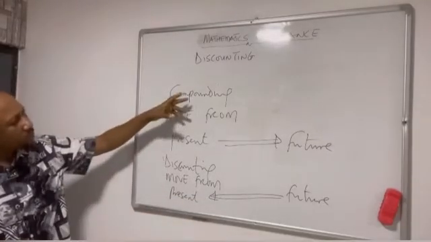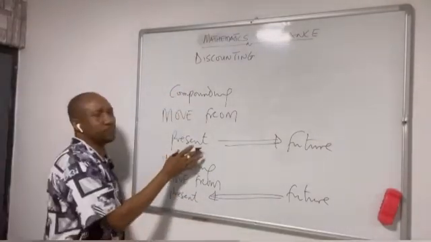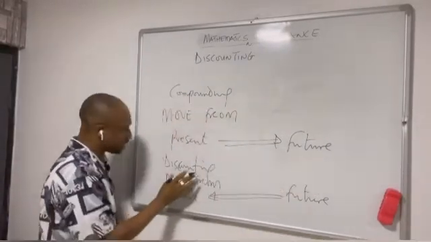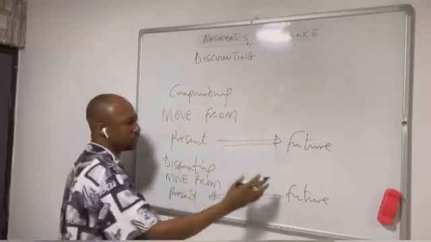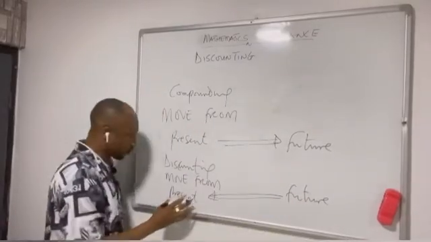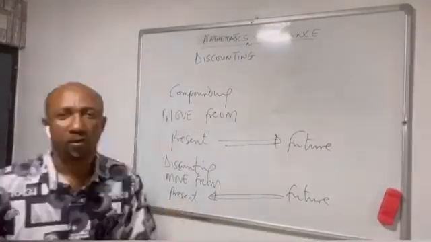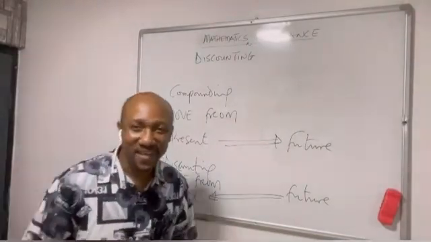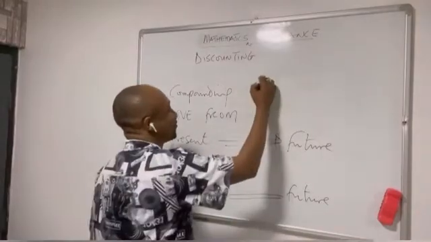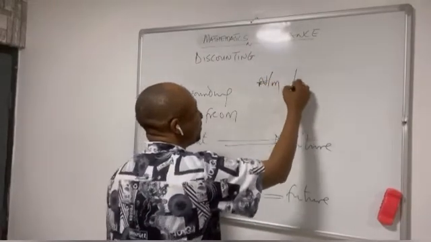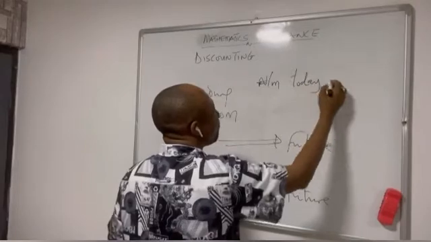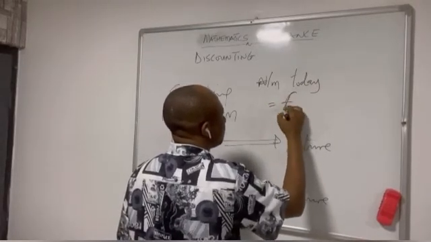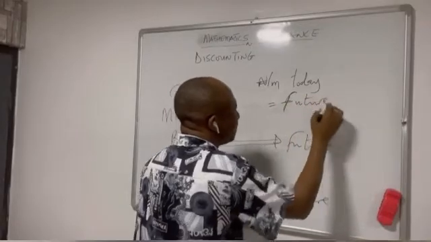So in compounding, what we are looking for is that we are using the present amount to look for a future value. But in discounting, we are using a future amount to look for the present equivalent. Compounding or future value says if you save a certain amount, say 1 million today, how much will you have in future?